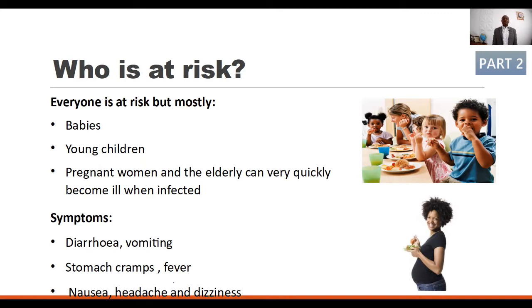Symptoms of food poisoning illnesses. What are the symptoms? Diarrhea is one of them. Vomiting, stomach cramps, fever, nausea, headache, and also dizziness. So all these are the symptoms of food poisoning. Can be nasty sometimes, you see, when you begin to vomit.